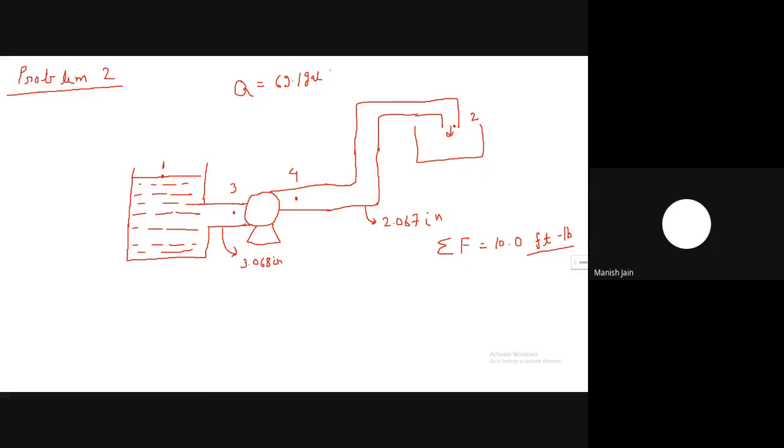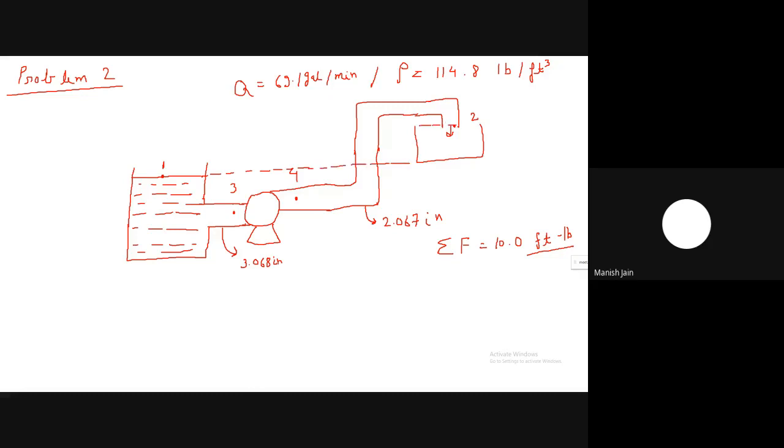The density of the fluid rho is 114.8 pounds per cubic feet. So the units are all given in English units.